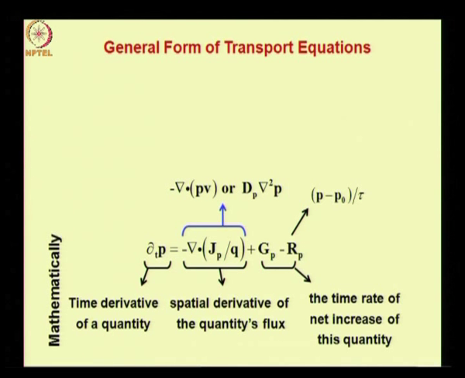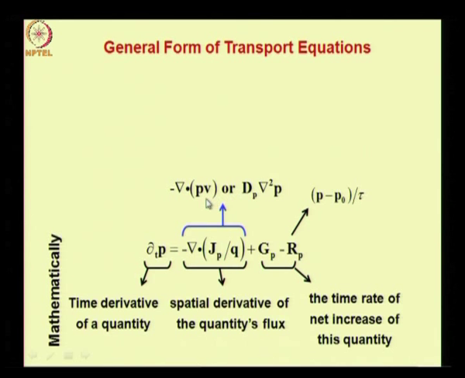Now we said that this spatial derivative of the quantity's flux can be expressed in two alternate forms. So the flux itself can be expressed either as the quantity for which we are writing the equation multiplied by the velocity, or if you assume the flux of the quantity to depend on the quantity's spatial gradient like in diffusion, then this divergence term comes out in the form del square of the quantity multiplied by a constant.